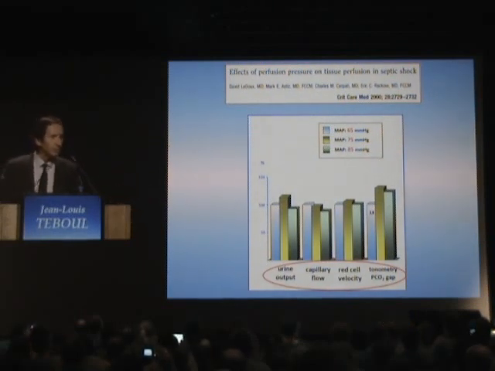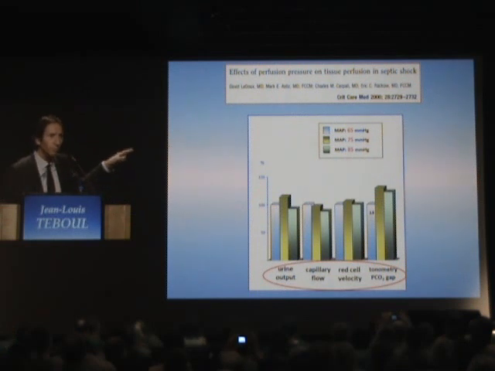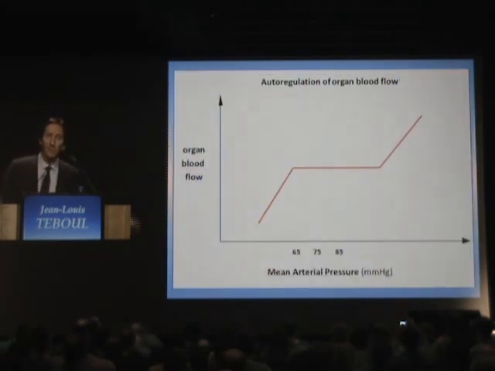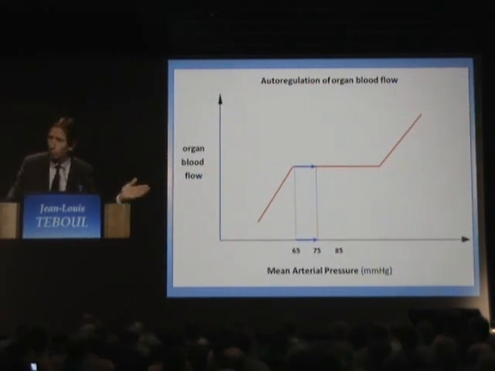They gave norepinephrine at different dosages, and they tried to achieve a mean arterial pressure of 65 and then 75 and then 85 millimeters of mercury, and they measured organ blood flows, and nothing changed with all the doses of norepinephrine. So we can postulate that 65 was already on the plateau of the autoregulation curve.